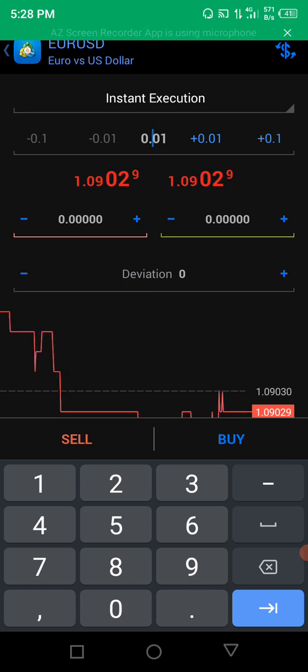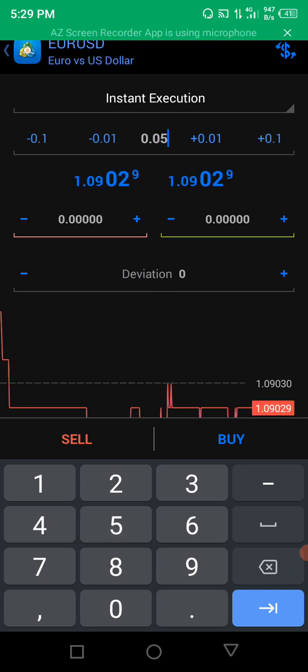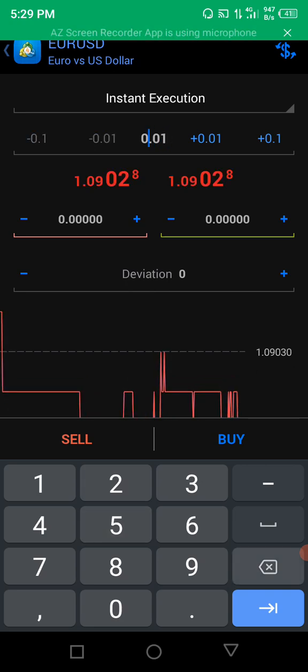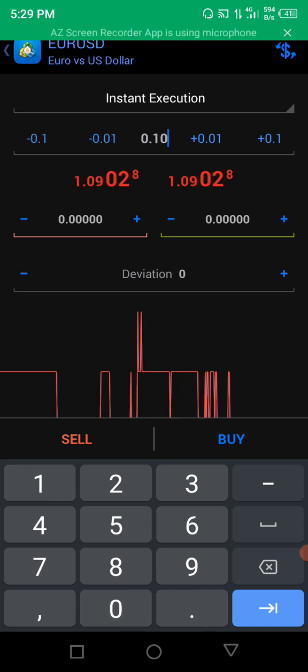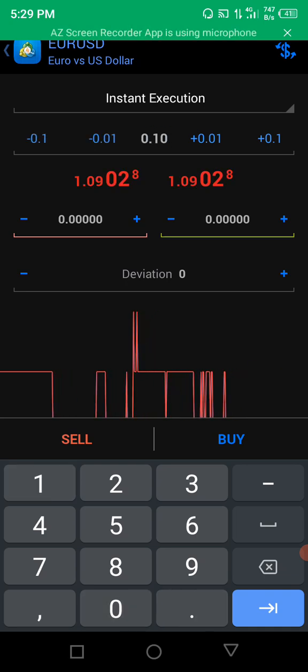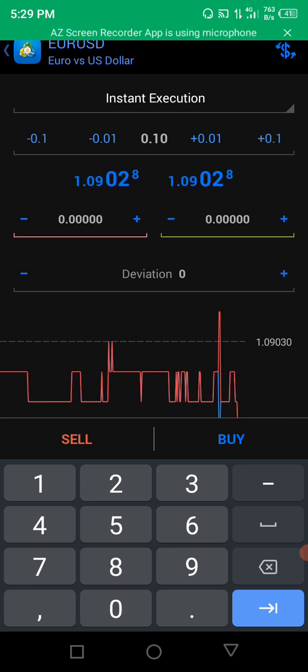That's what determines the lot size that you're going to choose. So if we want to put 0.05, we'll just put that 0.05. If we want to put 0.10, we do that. So that's the place where you actually input your lot.